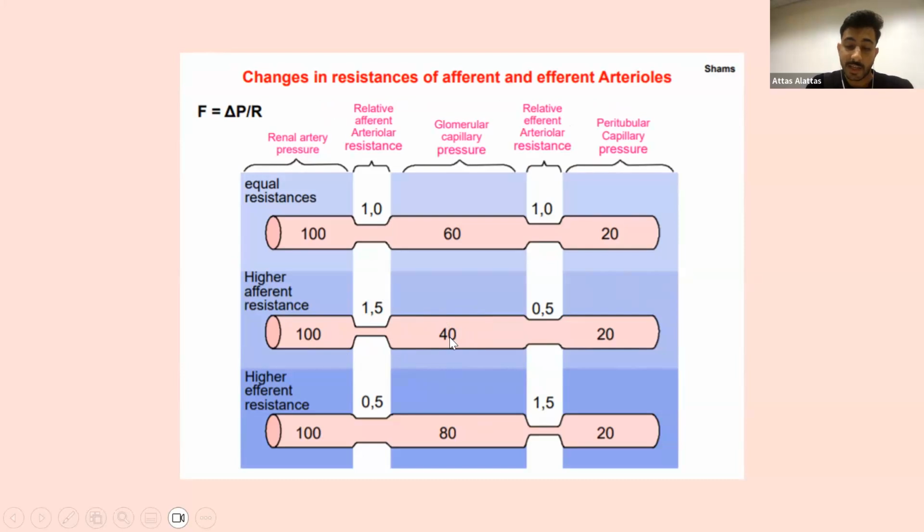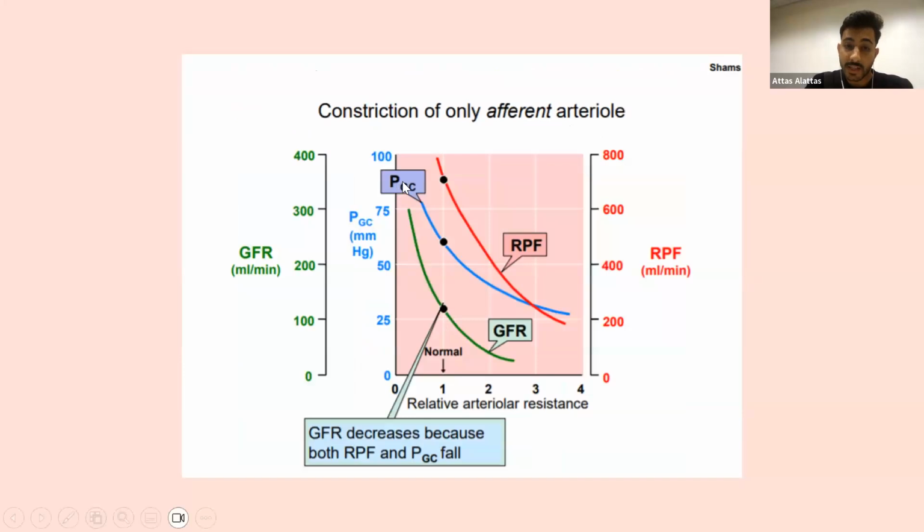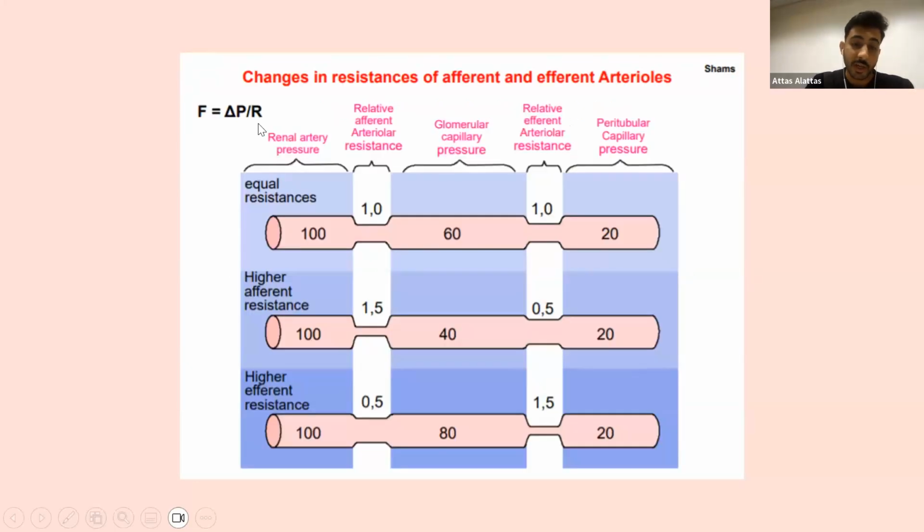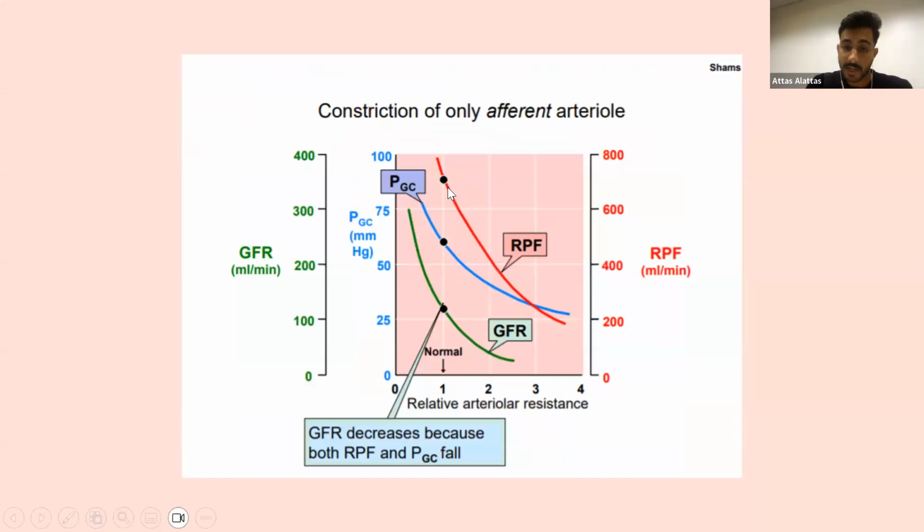This is why the hydrostatic pressure here will be decreased. Renal plasma flow will be decreasing. Why? Because if we increase the resistance, in other words, we're constricting the arteriole, we're decreasing the flow. So the renal plasma flow will be decreasing, and the net effect of both of these factors will cause a decrease in the GFR. Is that understood?